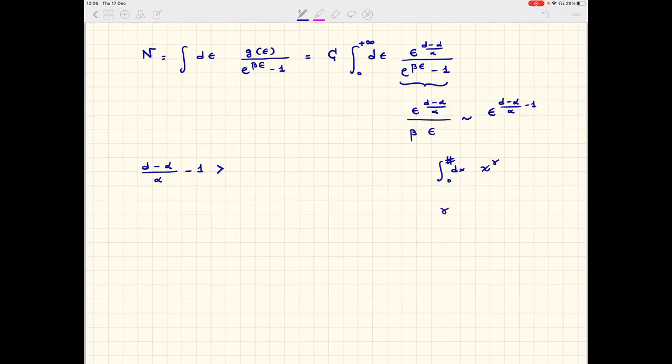Is it convergent for gamma equal to -1? No. Is it convergent for gamma equal to -1/2? Yes or no? Is the number finite? Yeah, the number is finite. This is just a number.